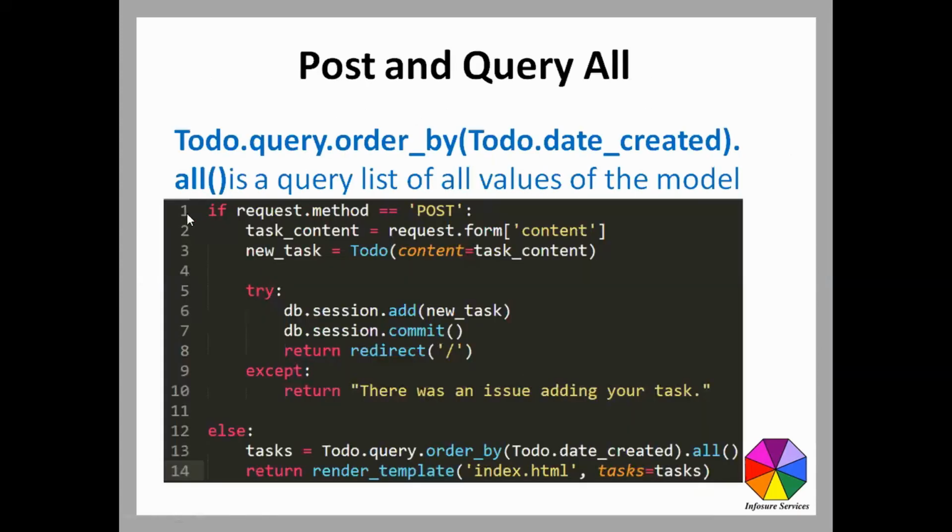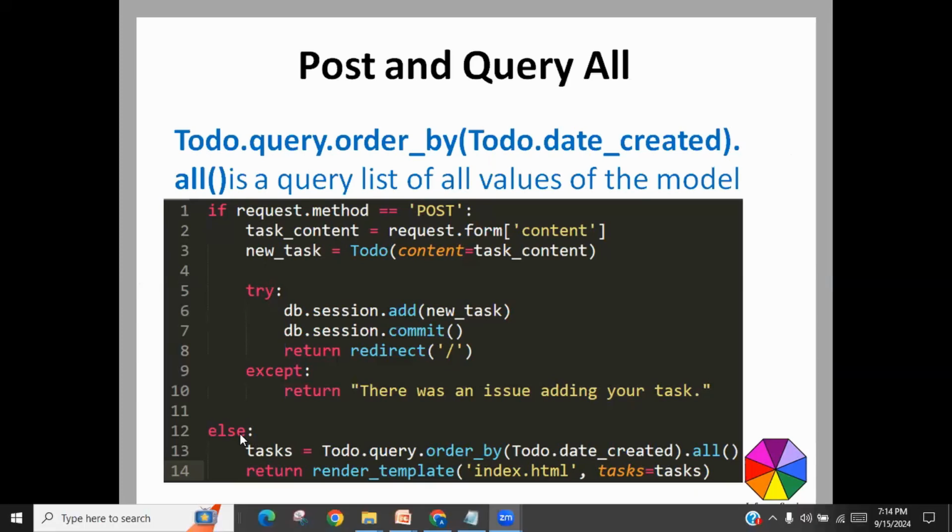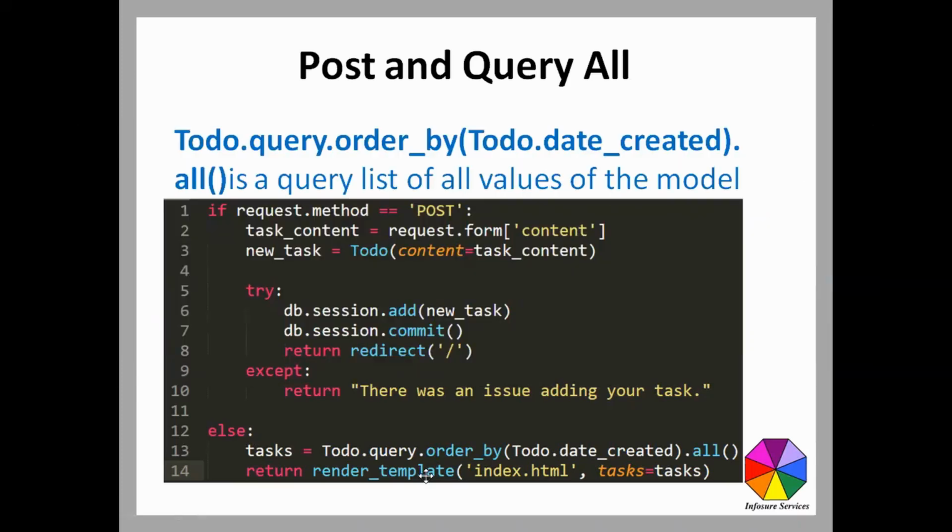So for the next step, request.method is no longer post. It is a get. So it comes to the else. That means I'm fetching all my tasks. So it's ToDo.query.order_by or .all. This is purely syntax.